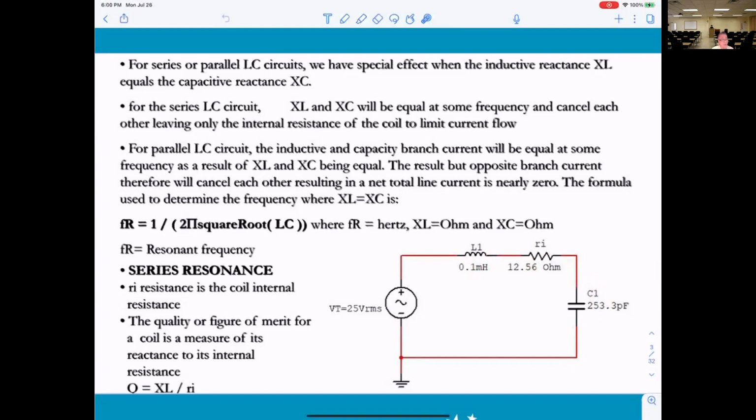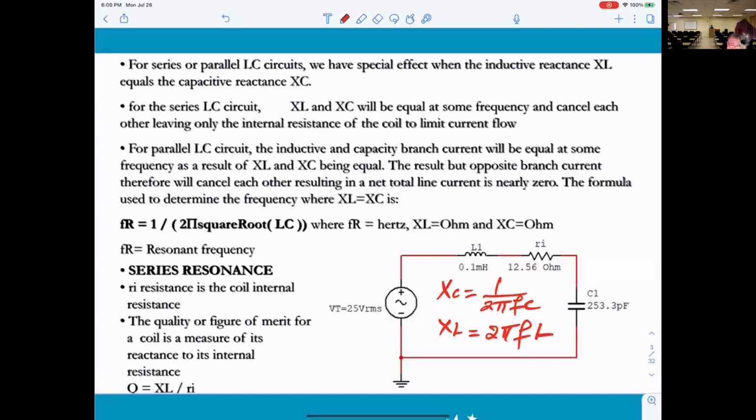And we already know the formula to calculate XL and XC. XC equals 1 over 2 pi FC, and XL equals 2 pi FL.